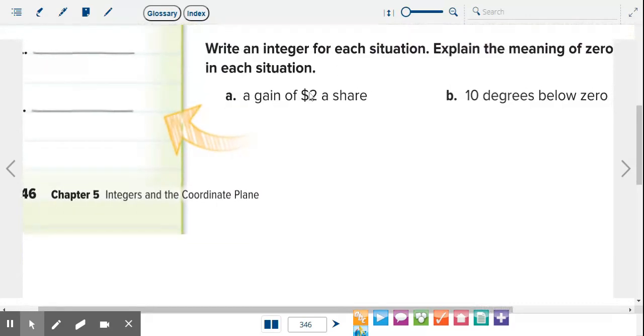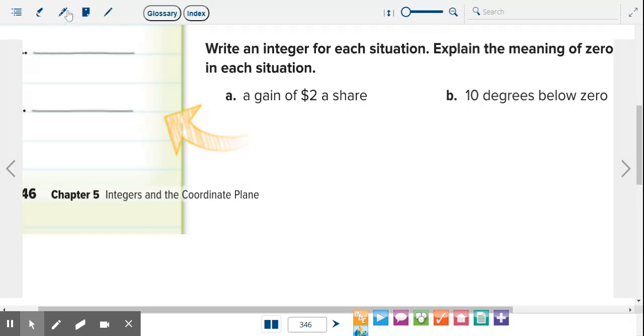Okay, so for letter A, we have a gain of $2 a share. So that's stock markets. Who can walk me through letter A? Letter A, what are we going to put? If you gain $2, what'd you get?